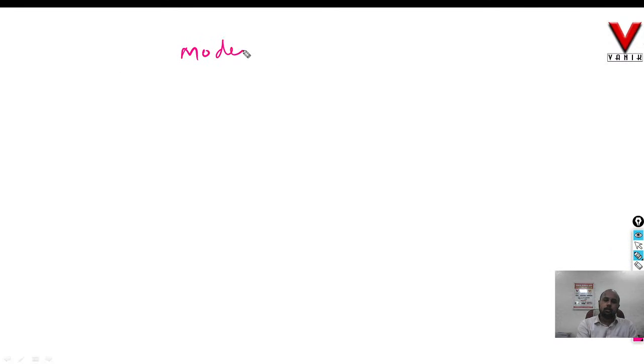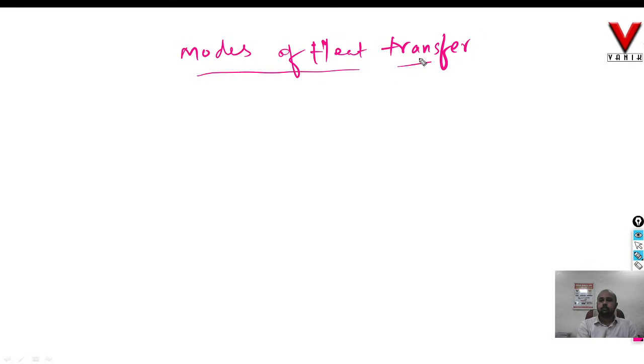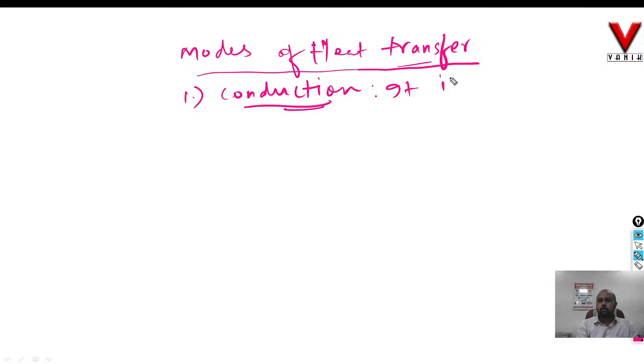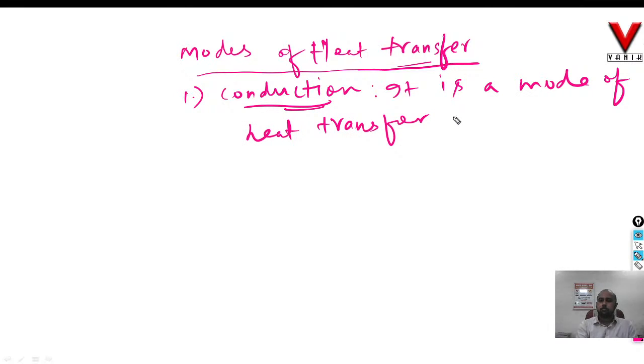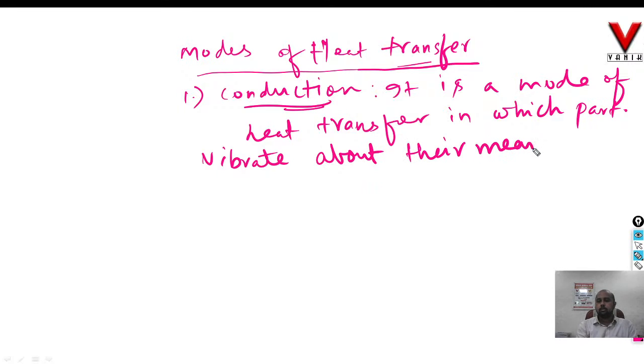We have different modes of heat transfer. Conduction is a mode of heat transfer in which particles vibrate about their mean position.